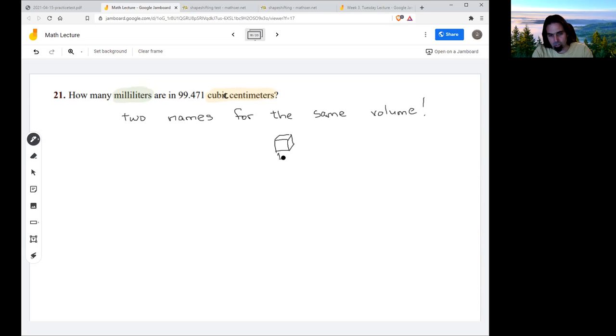It's 1 centimeter on each side. Whether I call it a milliliter or I call it a cubic centimeter, it's the same thing. So the answer is that. It's not changed.